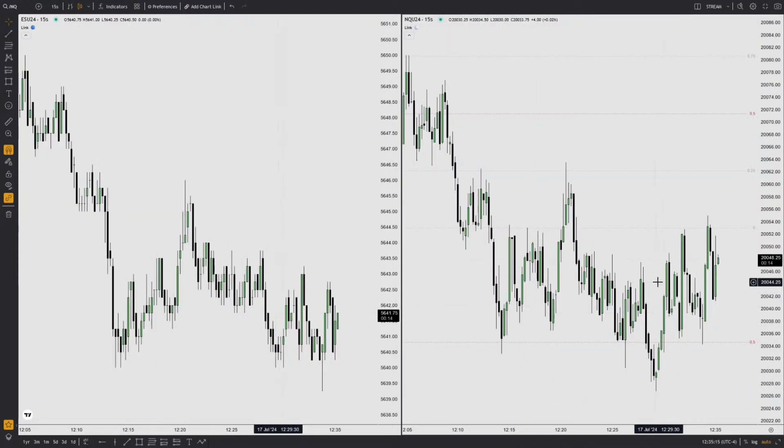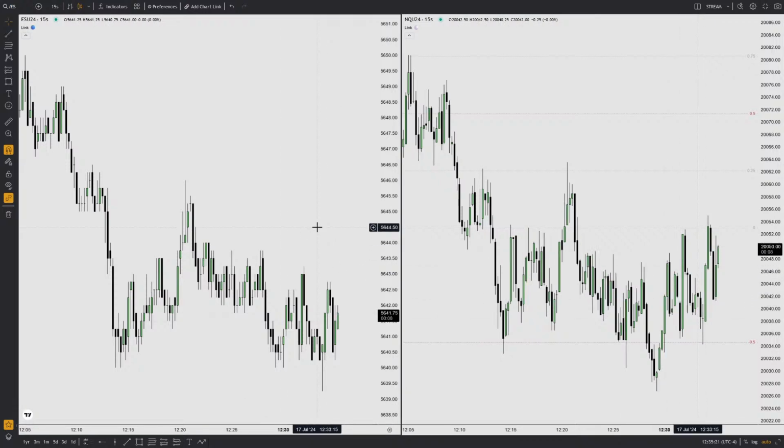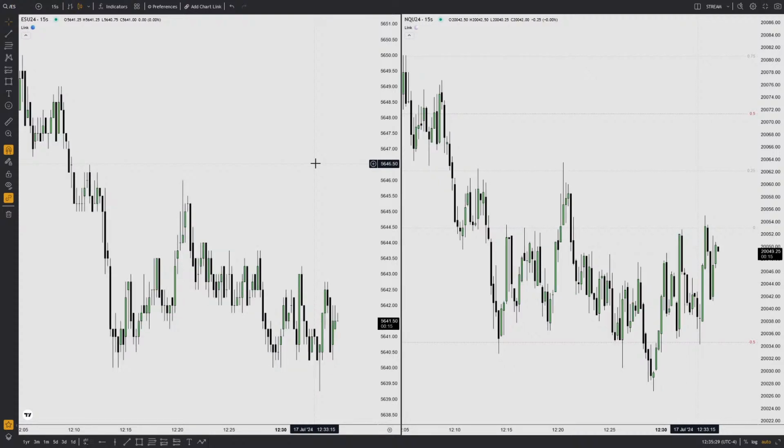Yeah, I mean, look at the price action now. It's just very difficult. Okay, now with that, I think I'm gonna end the session here, but let's take a look at the higher time frame.